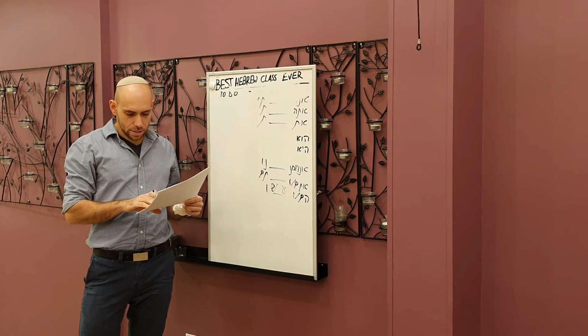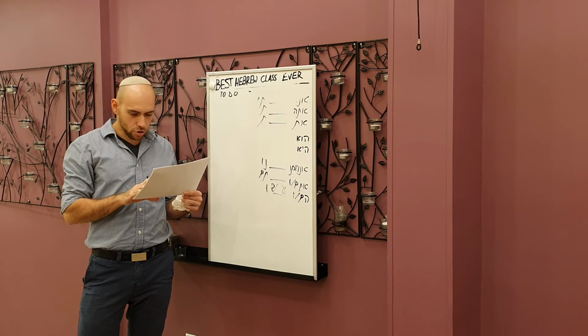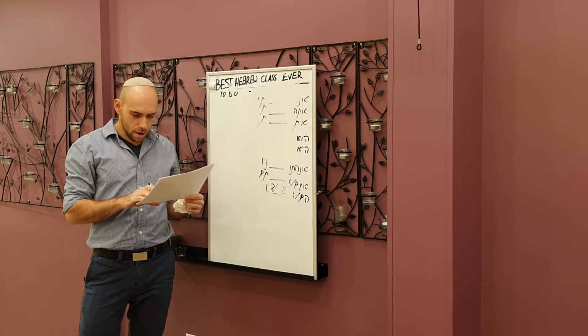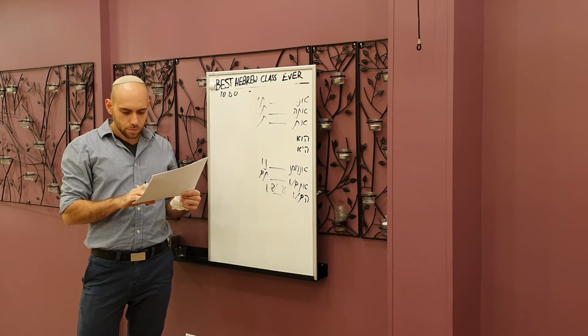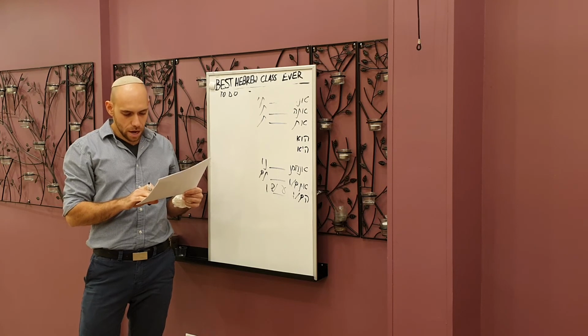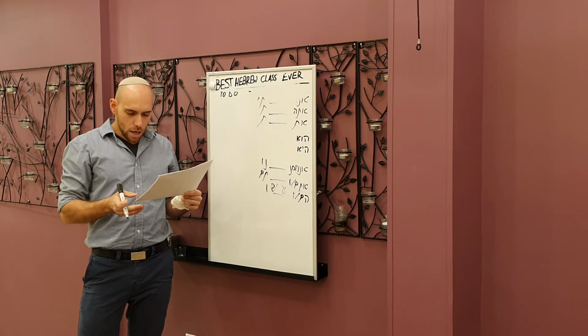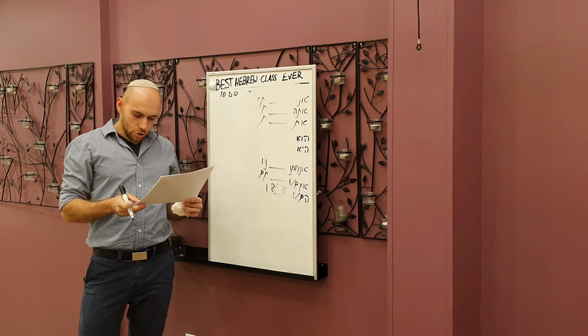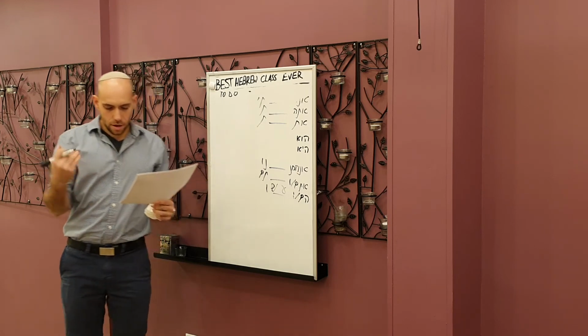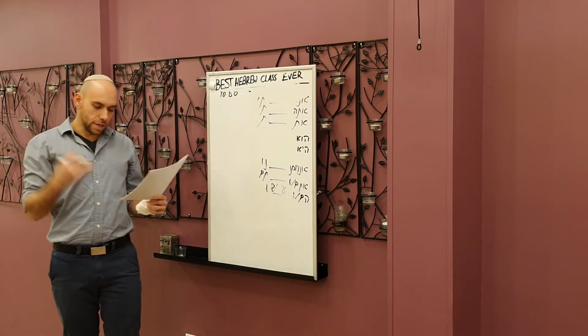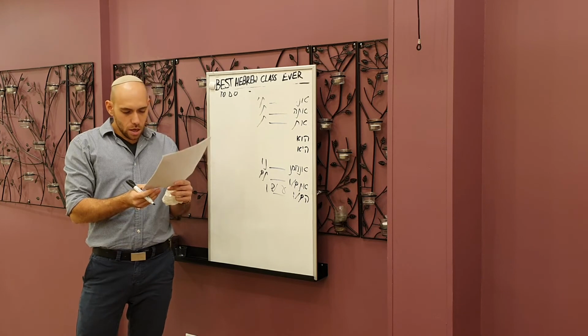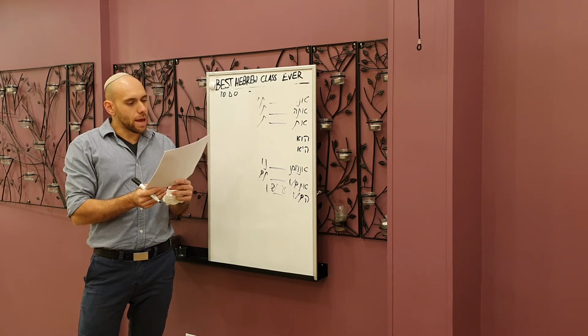You see in the past tense, amarti, amarta, amart, amar, amra, amarnu, amartem, and then amru. And then to make it nifal, the form is ne'emar.